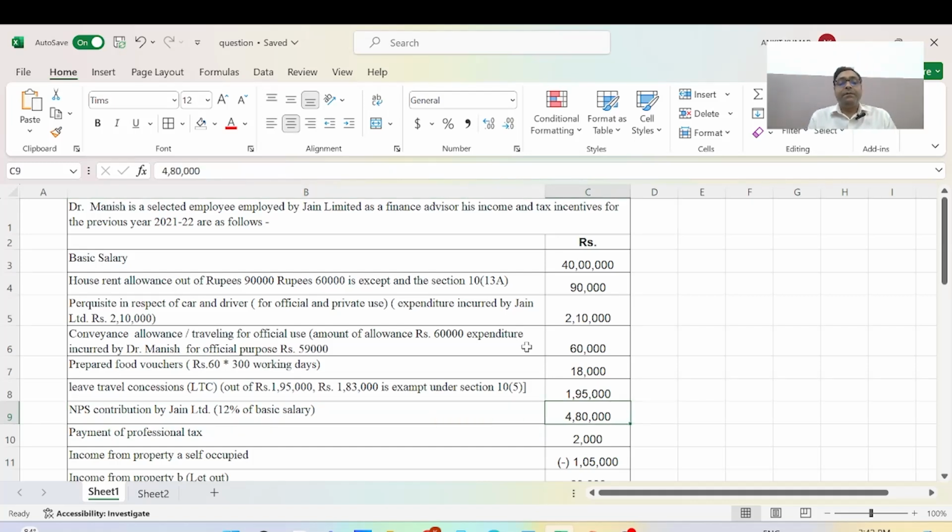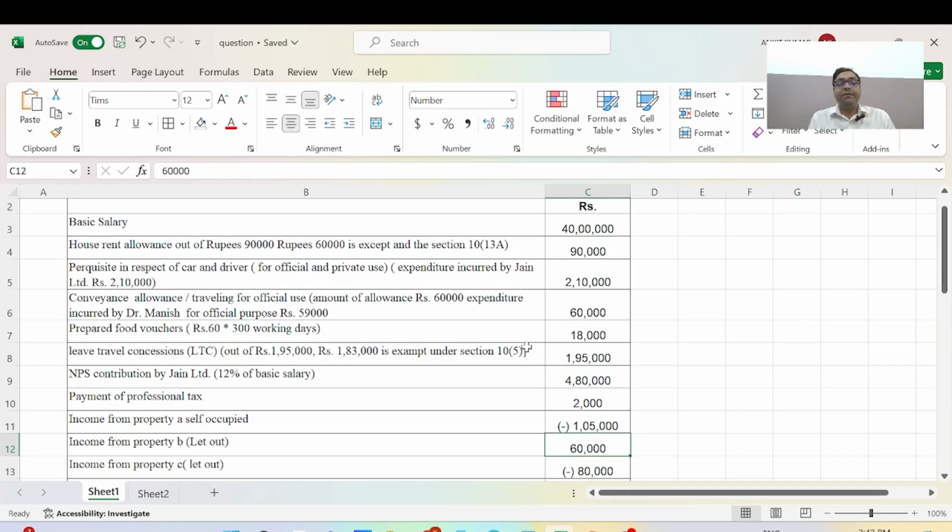Payment of professional tax is 2,000 rupees. Income from property A, which is self-occupied, is negative, minus 1,05,000.